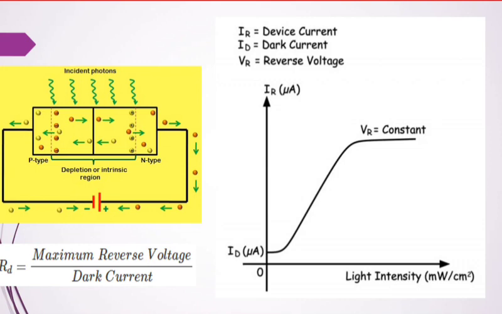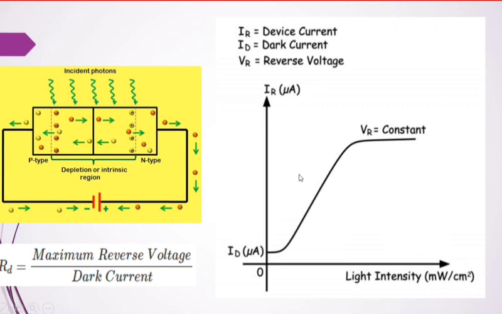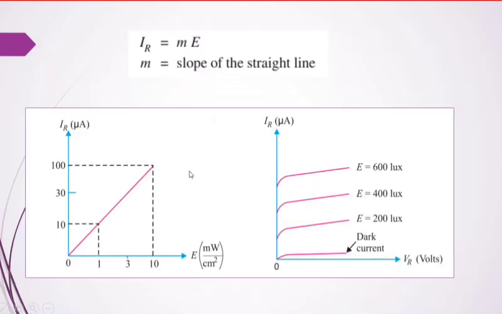Then the VI characteristics of the photodiode are explained here. This graph is the same as this graph, taken from different resources. In the x-axis, E is the illumination, which means the intensity of light. In the y-axis, reverse current. It shows a straight line up to this point.